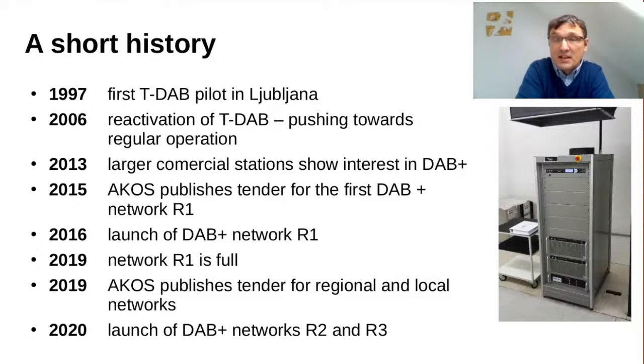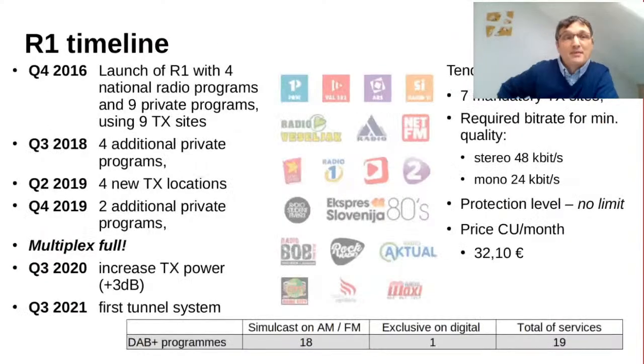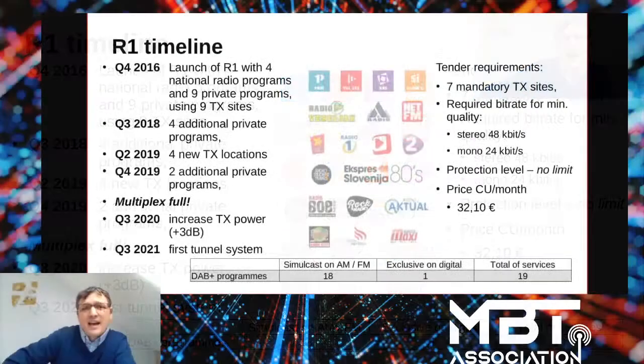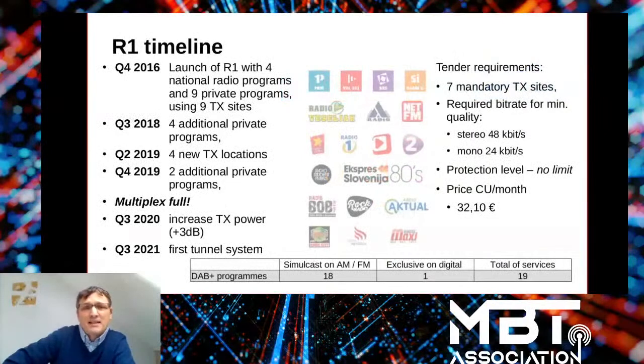We launched our first network. And a couple of years later, the network was full, and ACOS, the agency, again reacted and launched 2 new tenders. But maybe some in-depth look at the first multiplex.